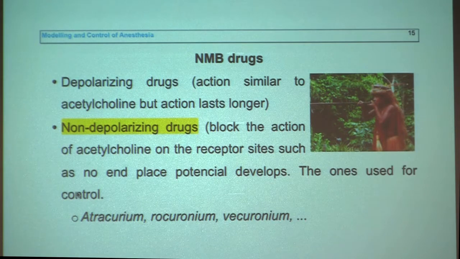The cannibals used little arrows with these curare poisons to paralyze their victims, and then they beat them with a stick to kill them.